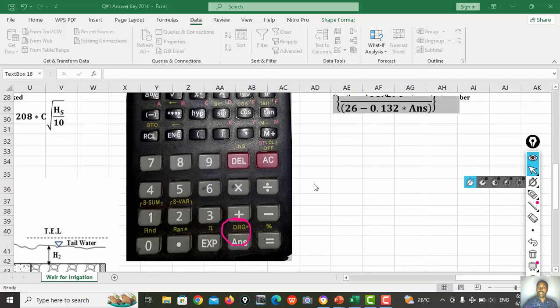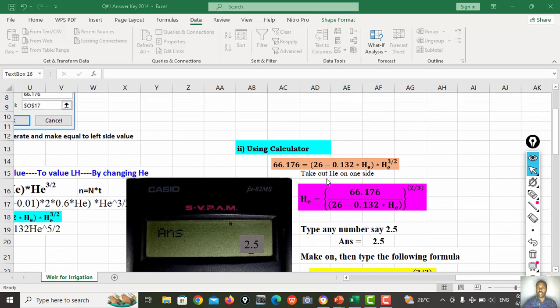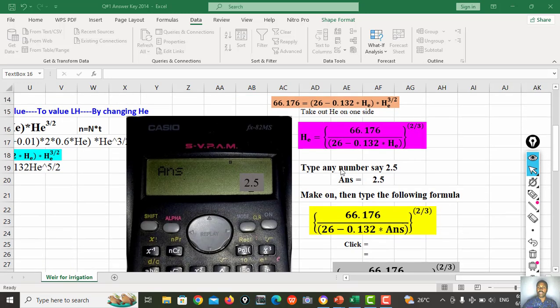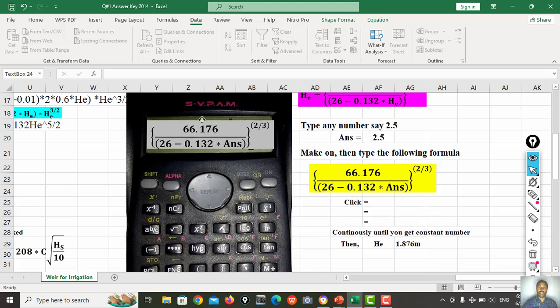In your calculator, go again, write this equation, type any number, then you have the answer. Once your calculator has the value stored, write this equation in your calculator without any equal sign.